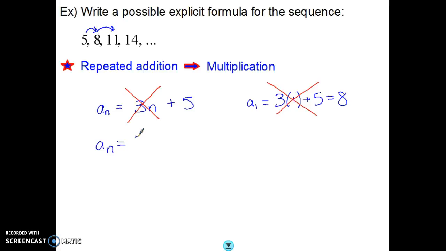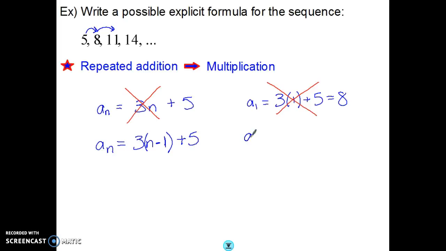Because we know that we don't actually want to start with 5 and immediately add 3 to that, so we could change this 5 to a 2. Or another way to fix this, just like we did in the last example, is to say, well, I really want to add 3 one fewer time. Right? Both strategies will work for modifying this.